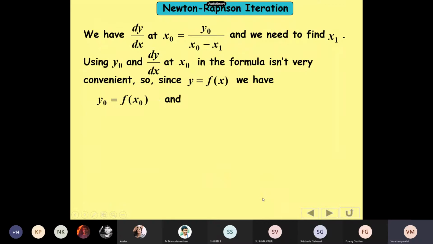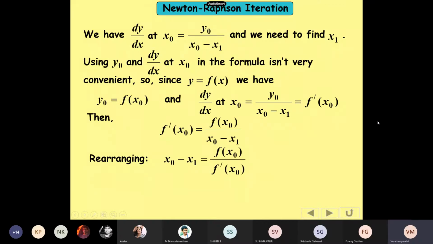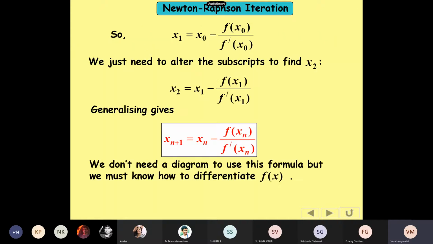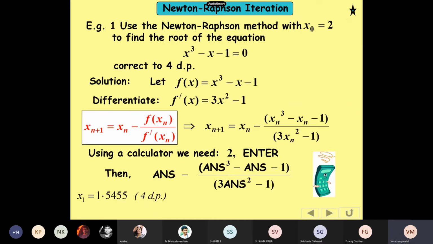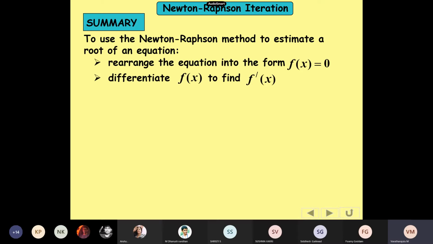This is f dash of x equal to 0, and there is no feasibility for finding the tangent. That is the issue with question B.